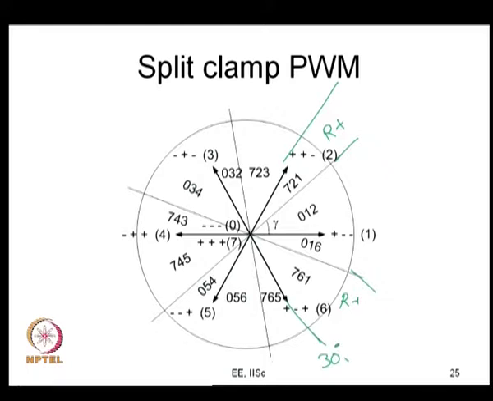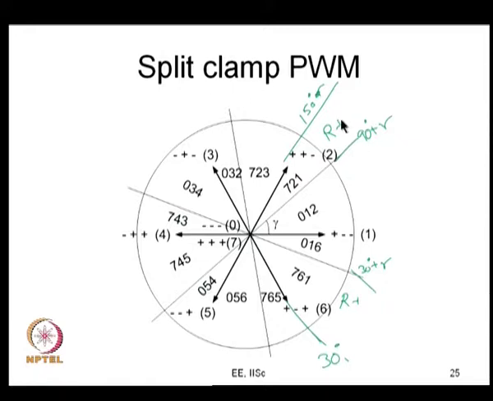This is 30 degrees, and now this is 30 plus gamma, this is 90 plus gamma. So here it is gamma. This duration is gamma and this duration is 60 minus gamma. So it is clamped for duration gamma in one quarter cycle, and it is clamped for a duration 60 minus gamma in the next quarter cycle. So it is split clamp.